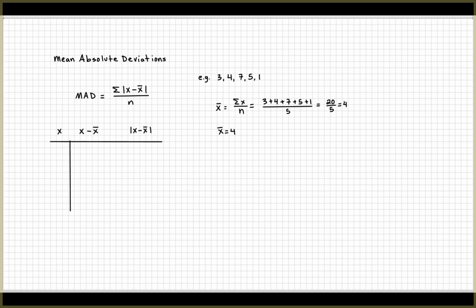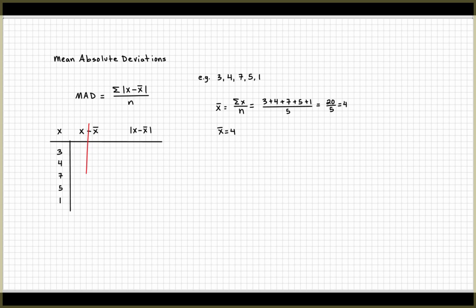Okay, so let's focus on the first column here, which will be our data set. So let's write our data, which will be vertical, 3, 4, 7, 5, 1. And so the next thing we want to do is operate on this column, and do some math here.